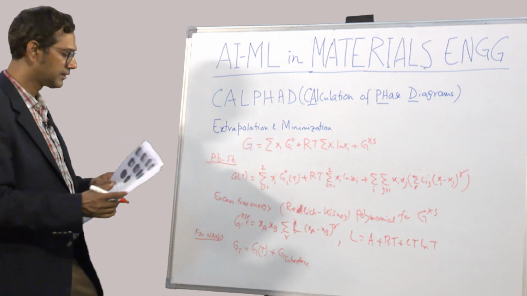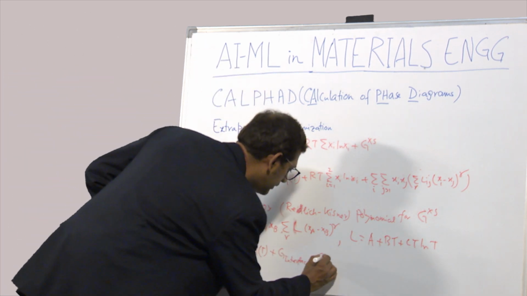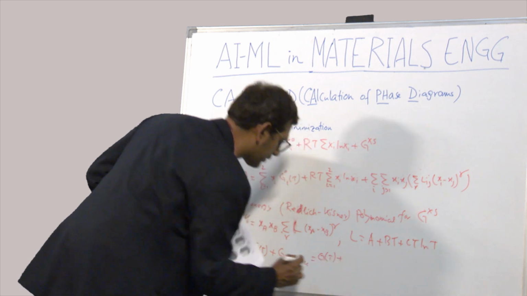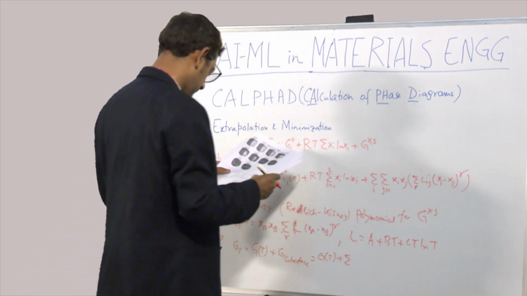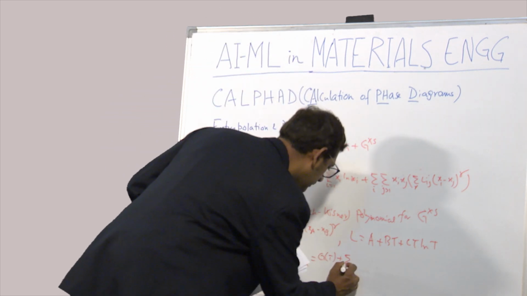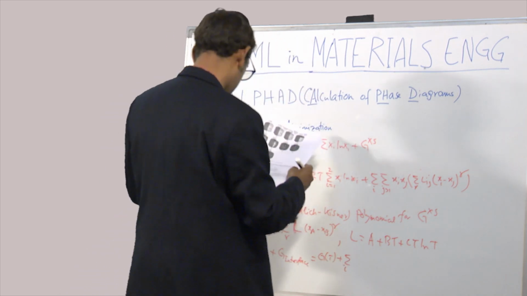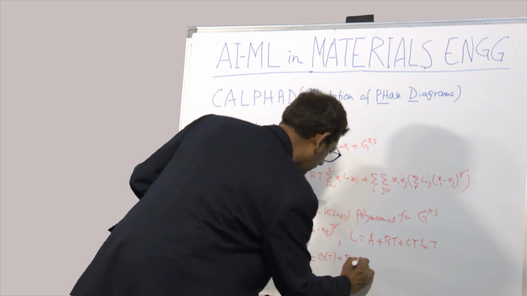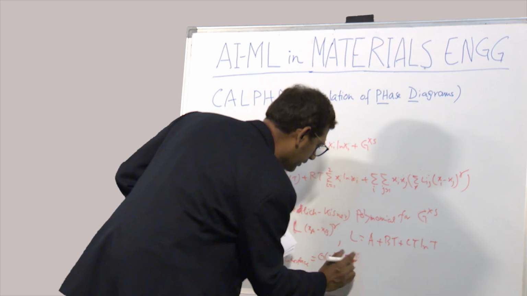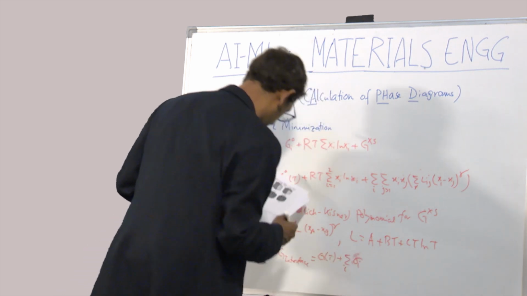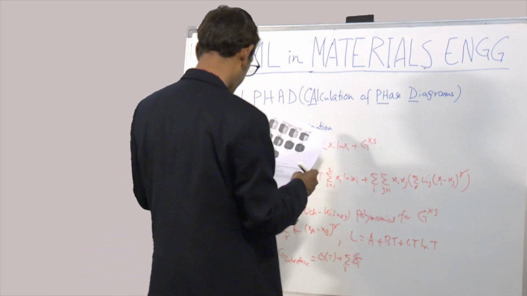So, this is G_T plus the summation over i of sigma_i, the surface energy. Let us not use gamma since you have already used it.